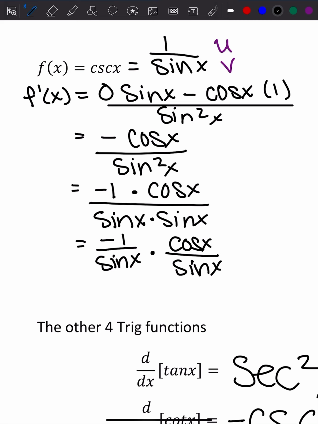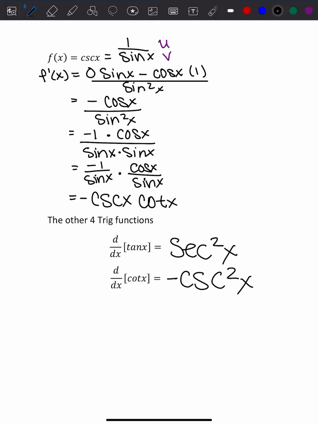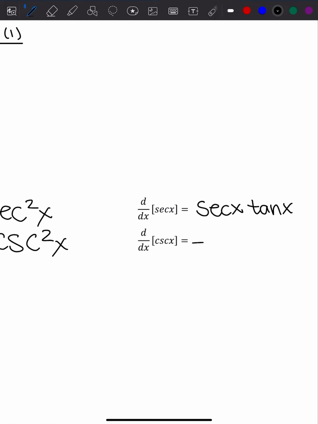So negative 1 over sine is the same thing as negative cosecant x times cosine over sine, which is cotangent x. So our last one, negative cosecant x cotangent x.